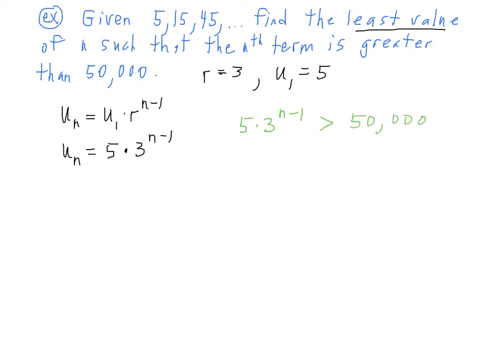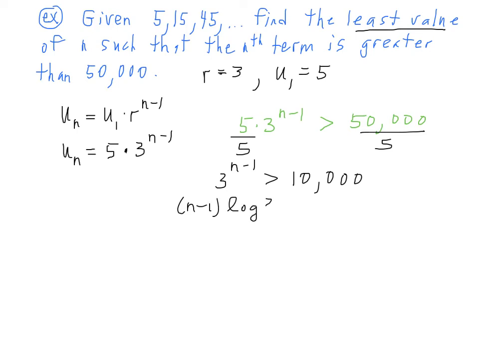So there are a couple different ways of solving this. First, if you were to solve it algebraically, divide by 5 first. We're left with 3 raised to the n minus 1 is greater than 10,000. And then from there we can log each side, so that n minus 1 drops down.